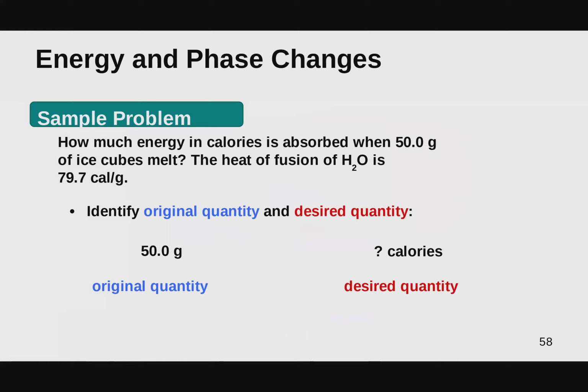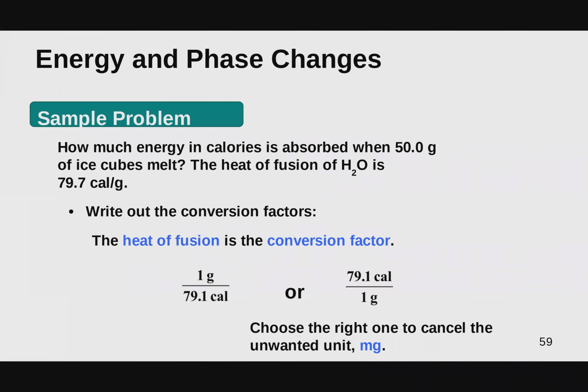So we can ask the question, how much energy in calories is absorbed when 50 grams of ice melts? The heat of fusion of water is 79.7 calories per gram. So we have the original quantity, and our desired quantity is calories. We can write out a handy conversion factor where the heat of fusion of water is our conversion factor, right? 1 gram over 79 calories, or 79 calories over 1 gram.